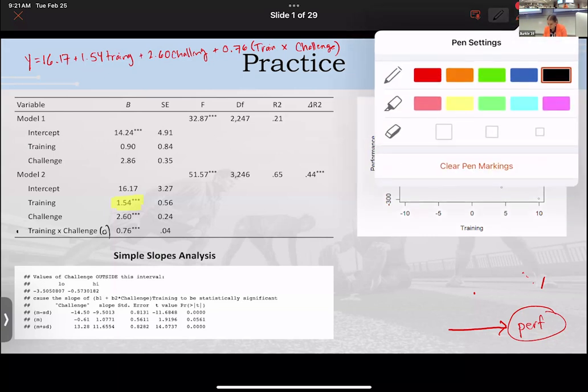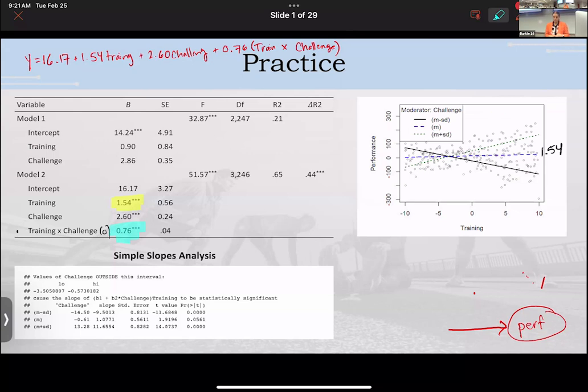Now we can look at the change in slope. When challenge goes up by 1 point, what happens to the relationship between training and performance? It increases by 0.76. Good. That's a change in slope.